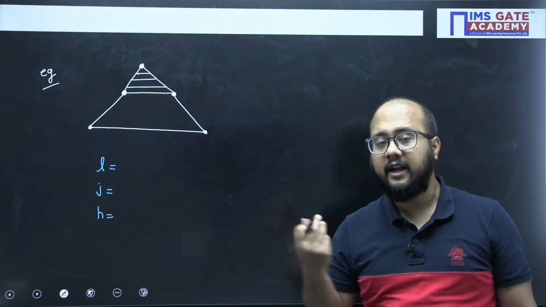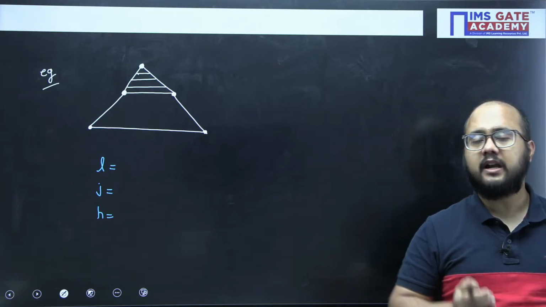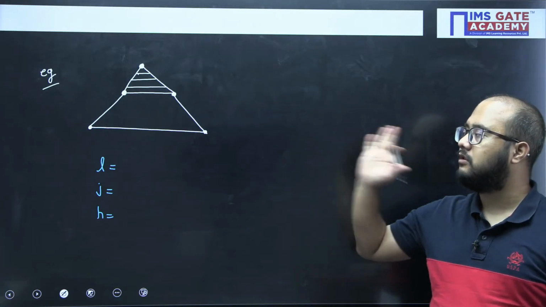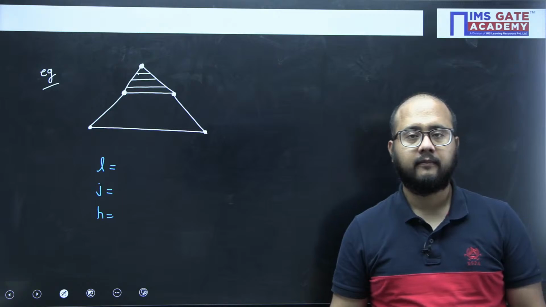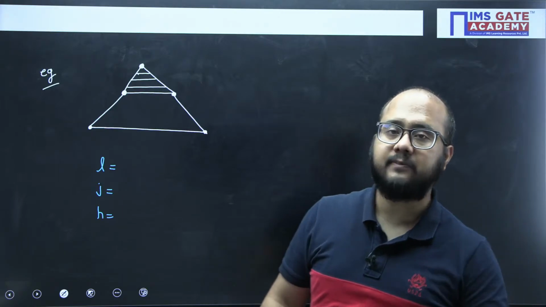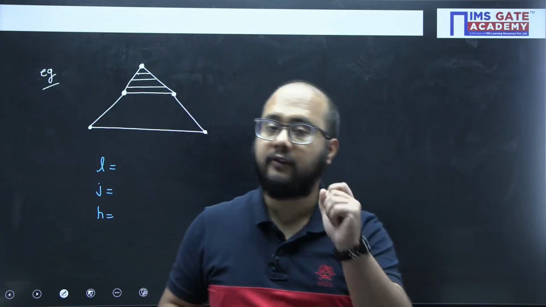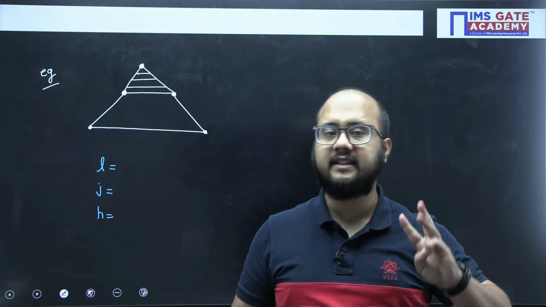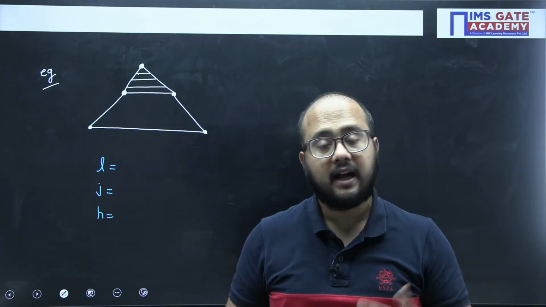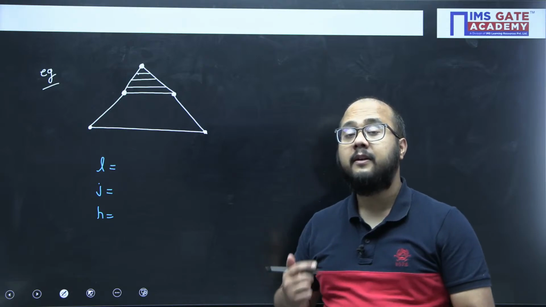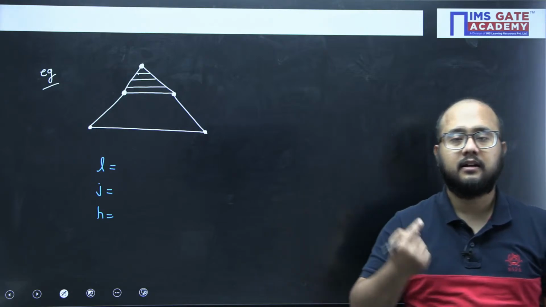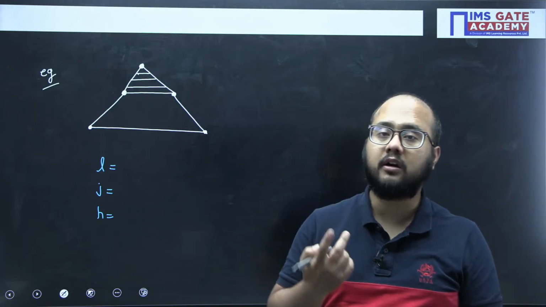Again, if you don't have a basic understanding of links, you will not be able to solve this one. I've told you the different types of links: rigid link, flexible link, and fluid link. These are the three basic classifications. After that, I discussed binary link, ternary link, and quaternary link.